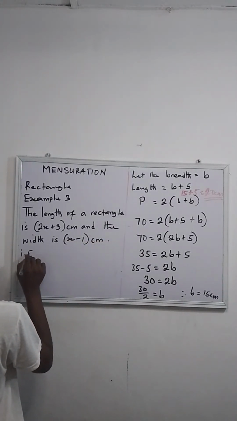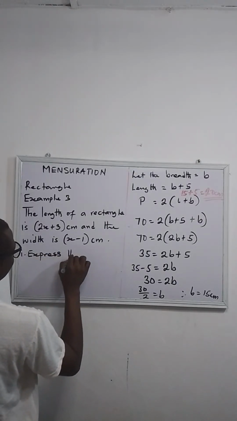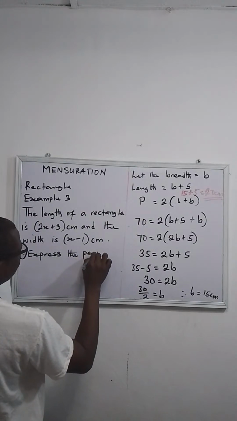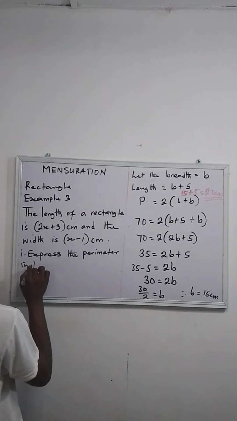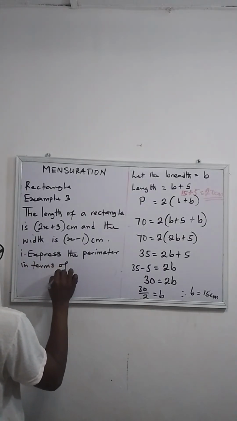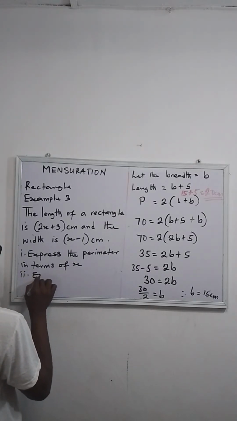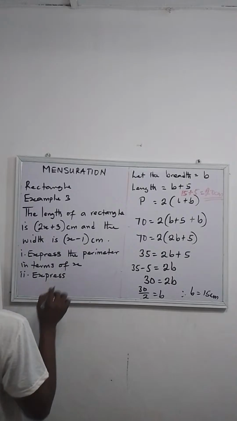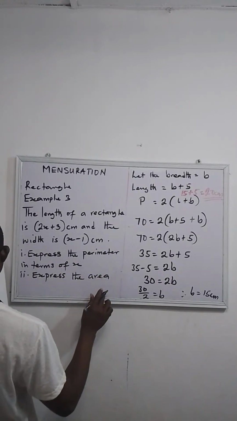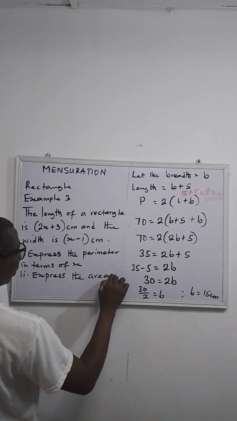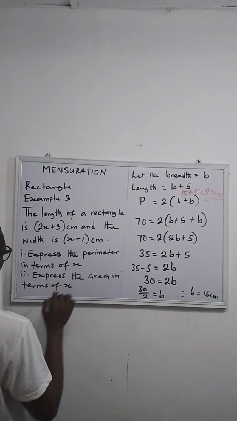1, express the perimeter in terms of x. Roman numeral 2, express the area in terms of x.